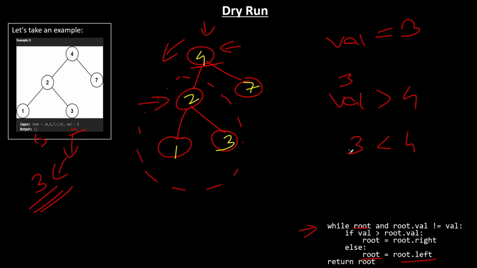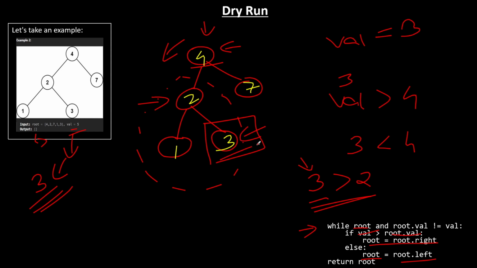Now, 2 is the root value and it is smaller than 3, which is the given value. What happens when val is greater than root val? We go to the root right. So we come to the right subtree. We're standing here now. Now we can see that the value is 3 and the current node is also 3.